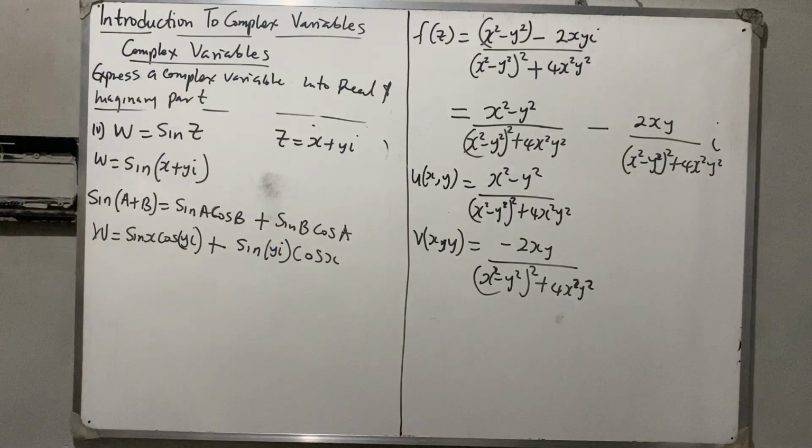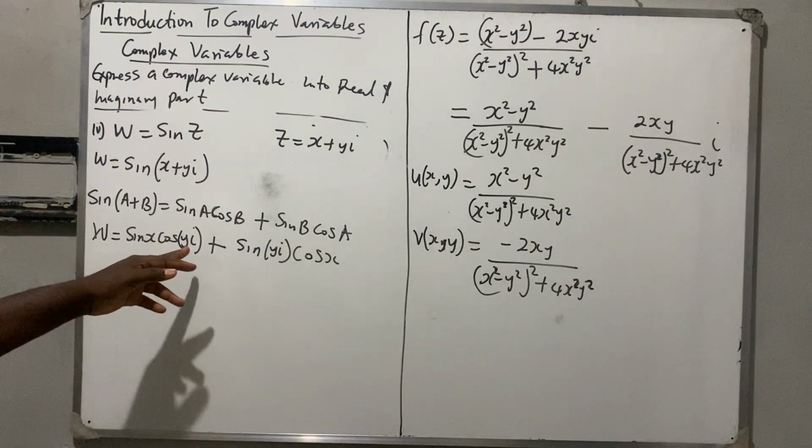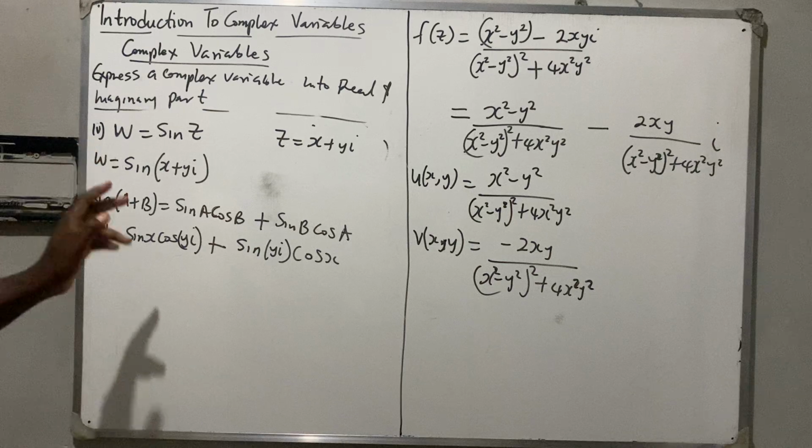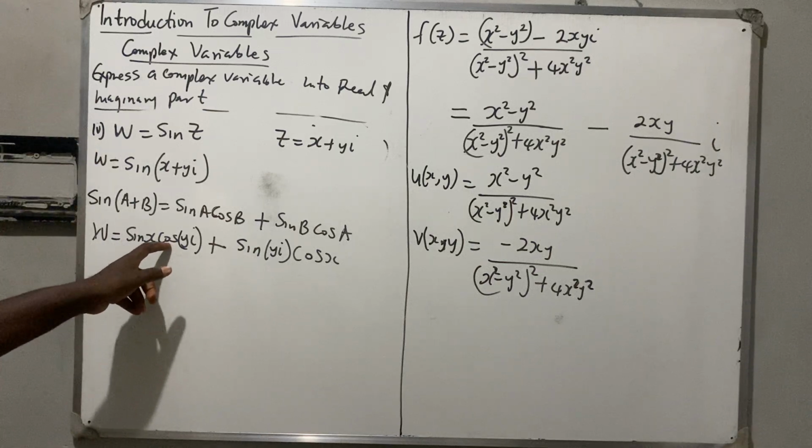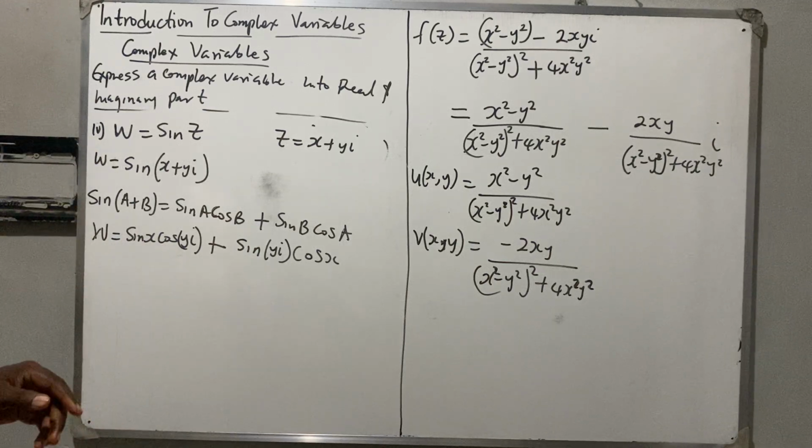Now I remember that I told you that cos is an even function. So this i will disappear, and then this trigonometry will now change to hyperbolic function.